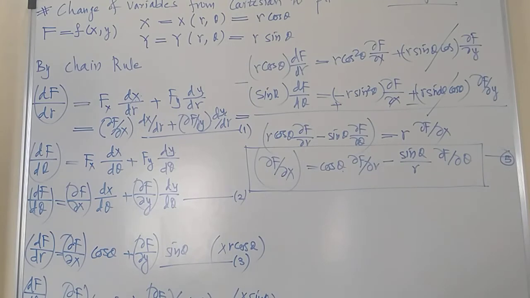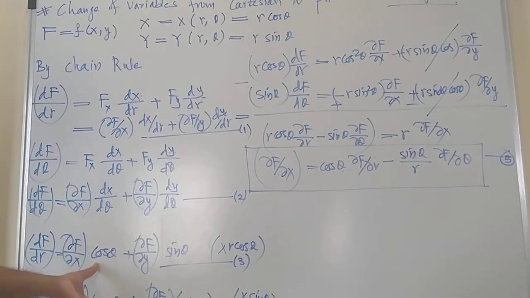In order to calculate ∂f/∂y, let's focus again on equations number 3 and 4. Now, in order to calculate the value of ∂f/∂y, you should look for the cancellation of the terms of ∂f/∂x, and these two terms will get cancelled only when their coefficients are the same.